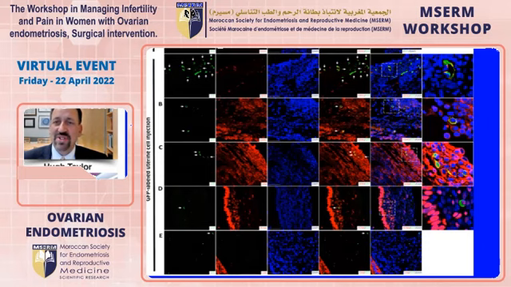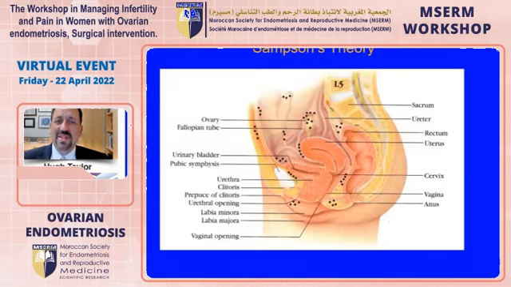And retrograde menstruation certainly does play a major role in the etiology of endometriosis. But I don't think that's the whole story. Sampson's theory, although it may explain most endometriosis, doesn't explain endometriosis outside of the peritoneal cavity. Doesn't explain endometriosis in the lung. Doesn't explain endometriosis in the brain, places where we not infrequently find endometriosis.